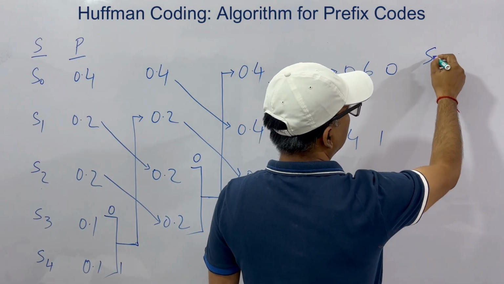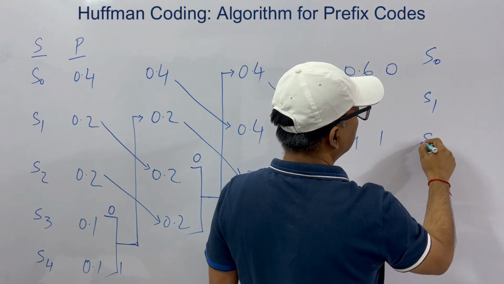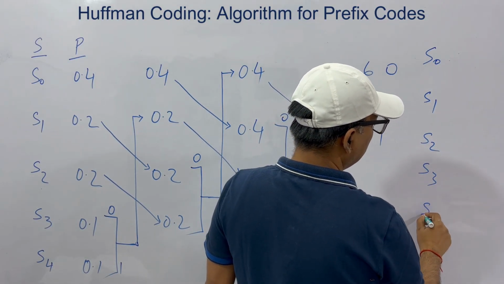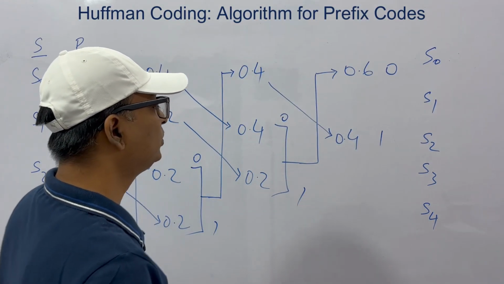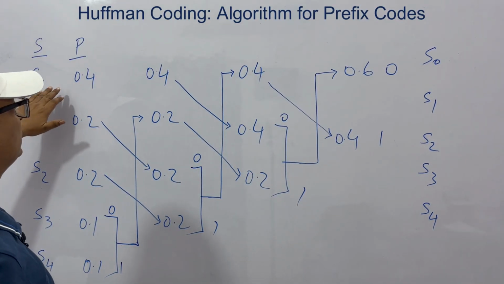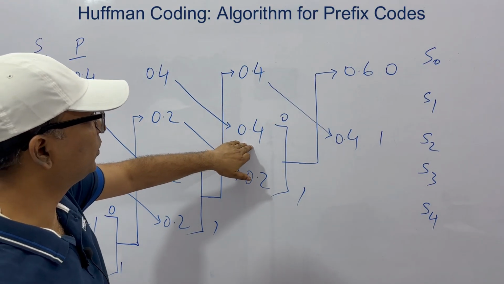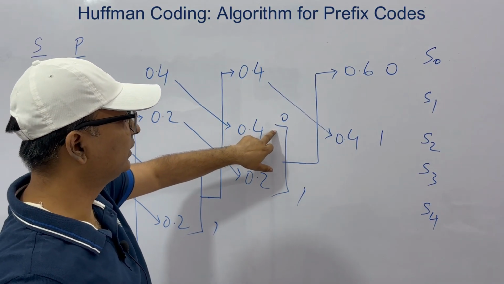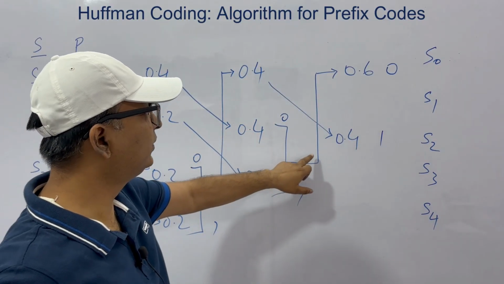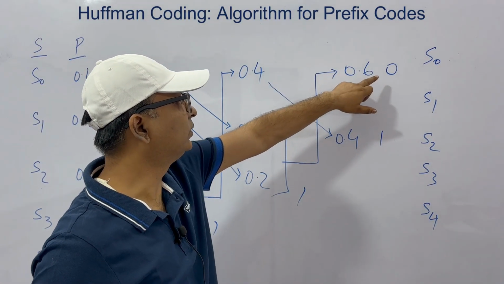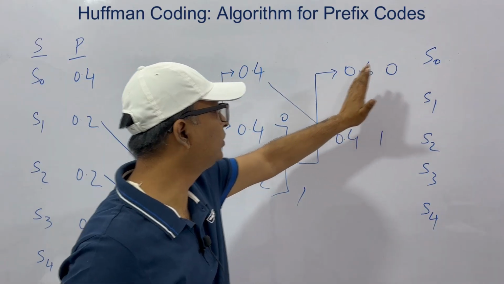Now how to make codes? See, this is S0, S1, S2, S3, S4. How to find the code for S0? Start with this. See, we are going to this point, then it went to this point. That is, there's 1 0. Then again it went to this point, which is 0. So we start from here to here.